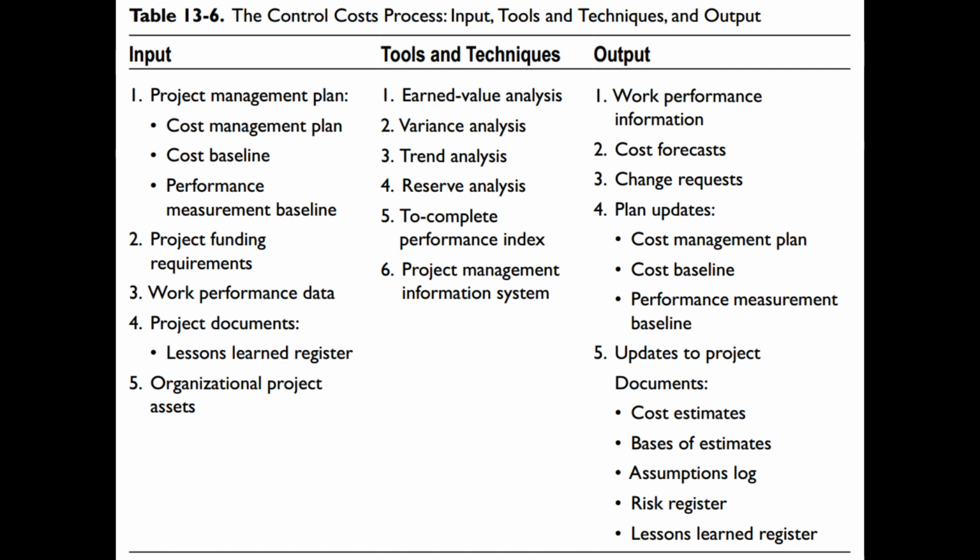Cost forecasts. 3. Change requests. 4. Plan updates: cost management plan, cost baseline, performance measurement baseline. 5. Updates to project documents: cost estimates, basis of estimates, assumptions log, risk register, lessons learned register.